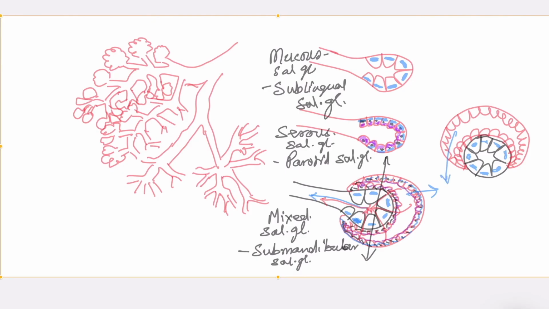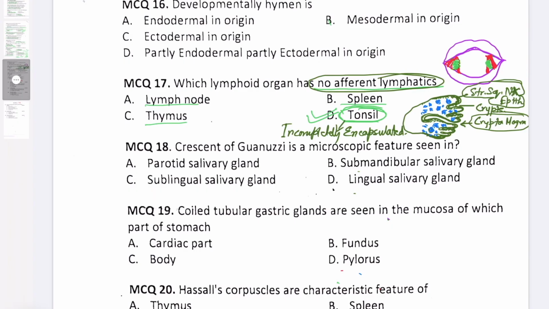These crescents are called Crescent of Gianuzzi, or also called Demilune of Heidenhain. They are a feature of the mixed salivary gland, and the example of a mixed salivary gland is the submandibular salivary gland. So the answer here is Crescent of Gianuzzi: submandibular salivary glands.